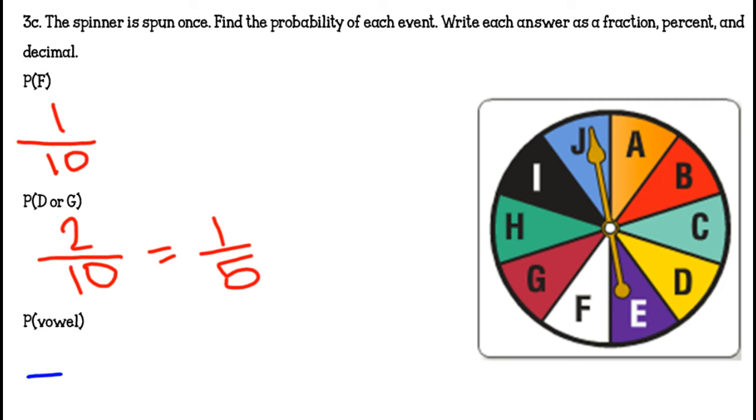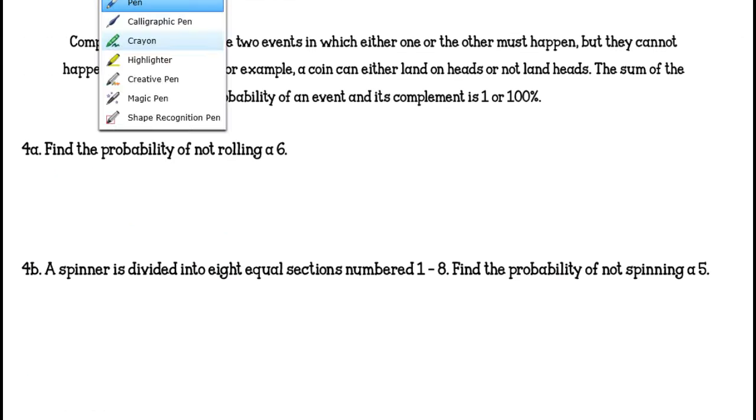The probability of getting a vowel: again, there's 10 possible outcomes. So we go through our 10 possible sections that it can land on, and we circle the vowels. So you have A, E, and I, which are 3/10, and that cannot be reduced. So we circle it, and that's our answer.